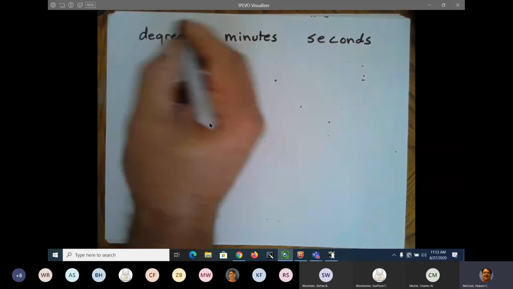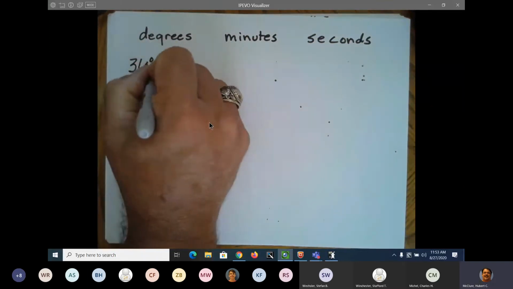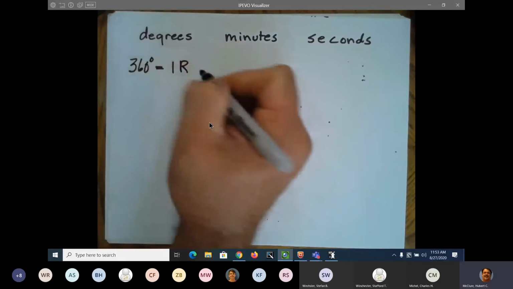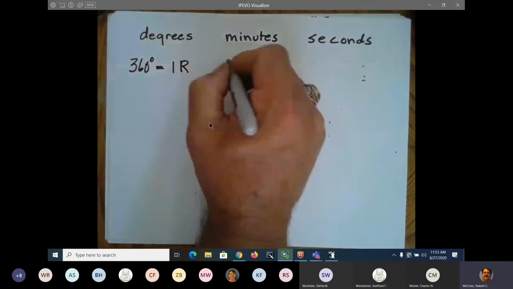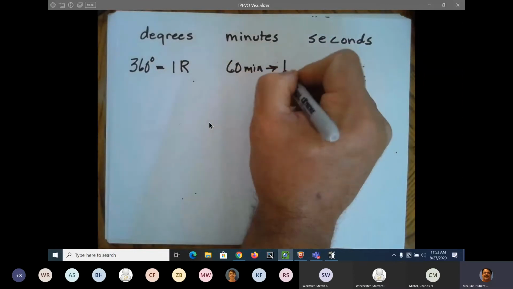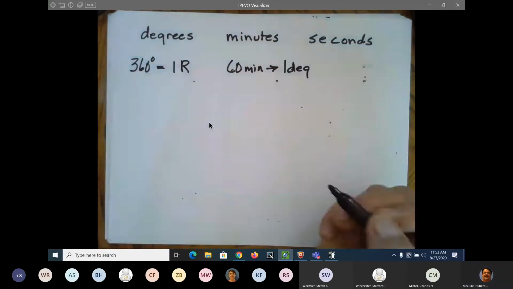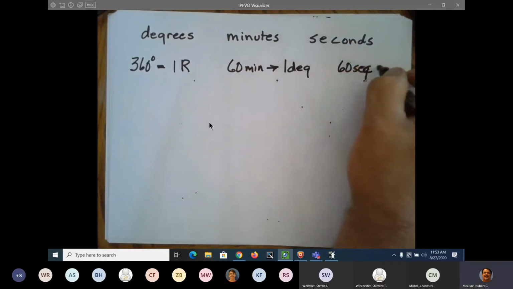There are 360 degrees in one revolution around the circle. There are 60 minutes in a degree, and there are 60 seconds in a minute.